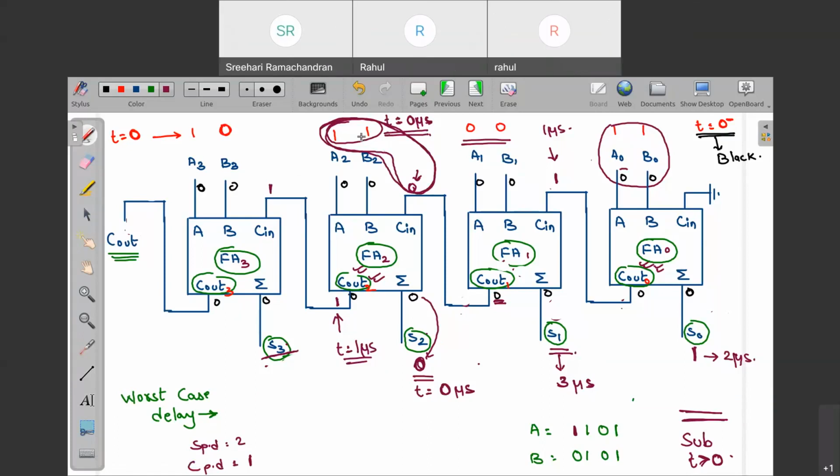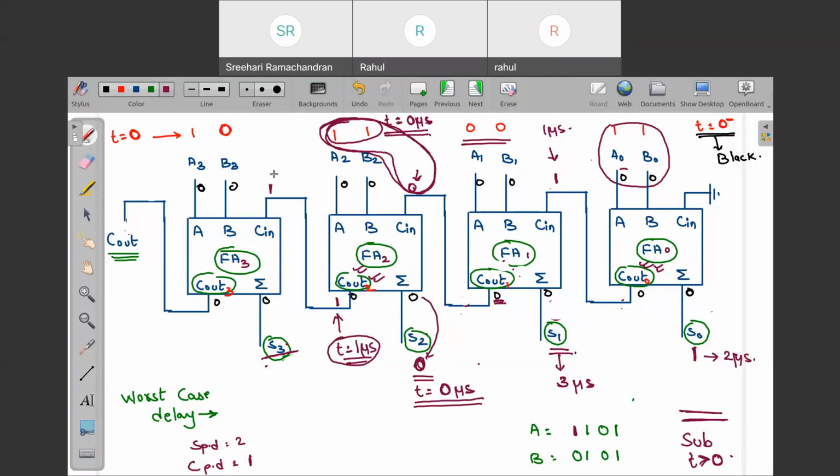So look, these three inputs were available at 0 microsecond, because this one hasn't made any transition. So this carry out is generated at 1 microsecond, whereas this sum is already present at 0 microsecond.